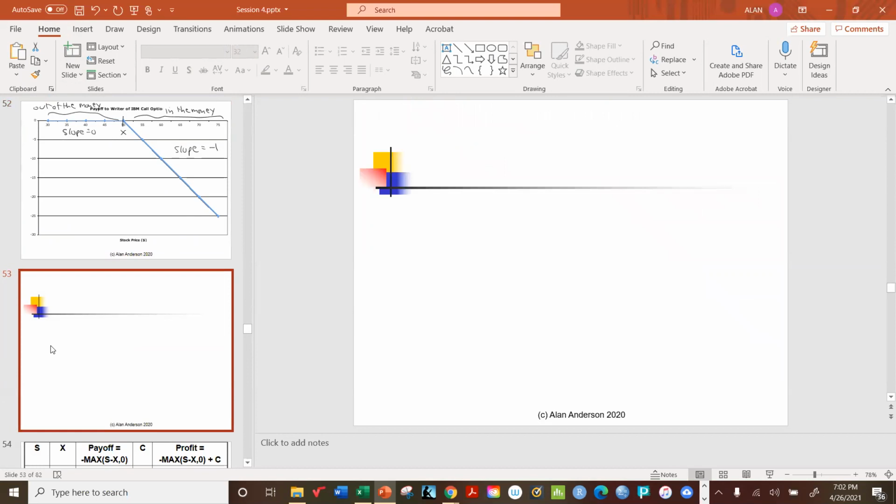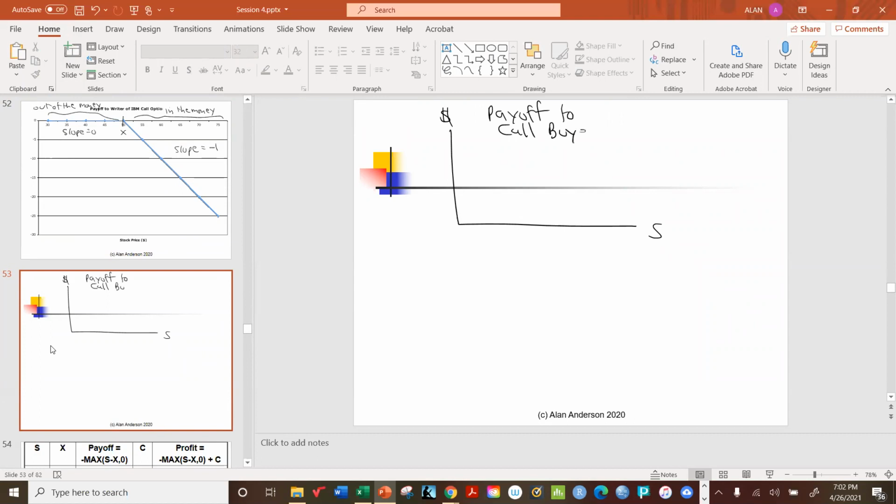So before the call buyer's payoff looks like this. Actually, to make it a little easier to see, why don't I switch colors?